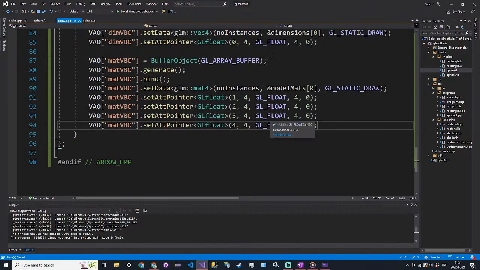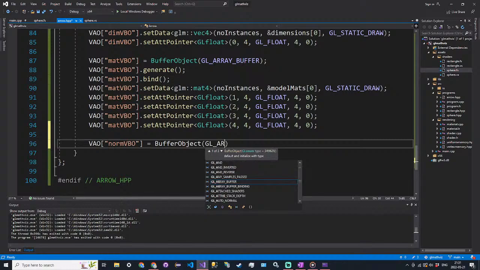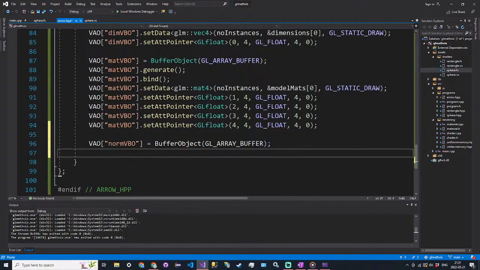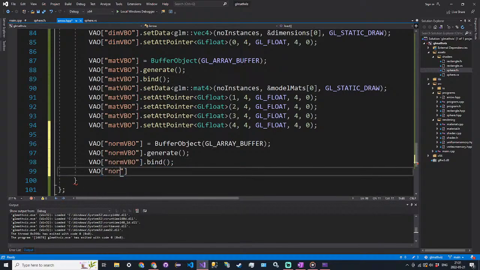And then something similar for the normal model matrix. So we'll just do this from scratch. So VAO at norm VBO is equal to buffer object, GL array buffer, VAO at norm VBO dot generate, VAO at norm VBO dot bind, dot set data.